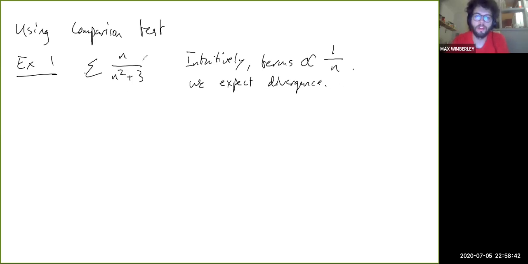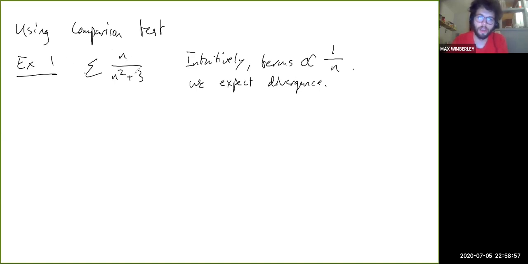Okay, so now that we know what we believe, this is not an argument, this is not a proof whatsoever that this diverges. So now we need to prove it, and we can use the comparison test for this.